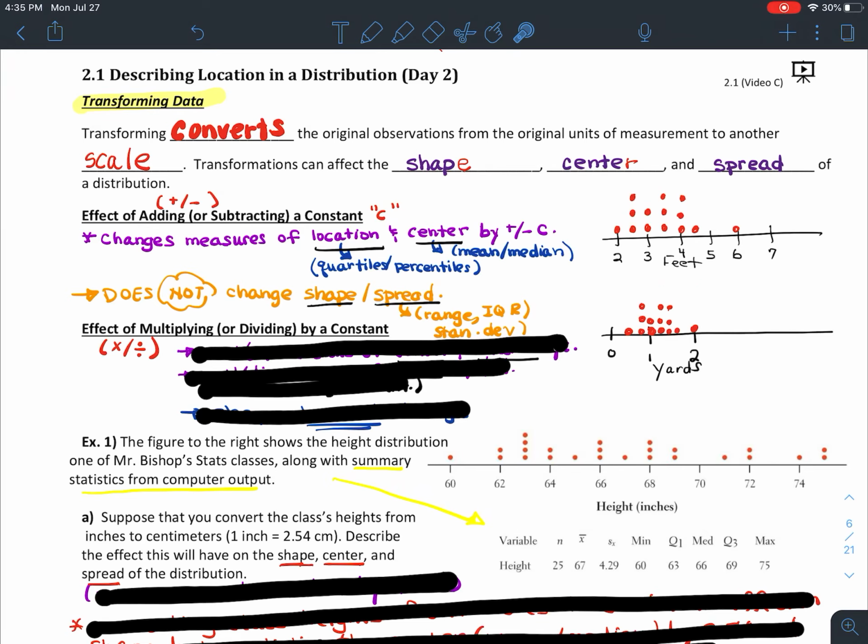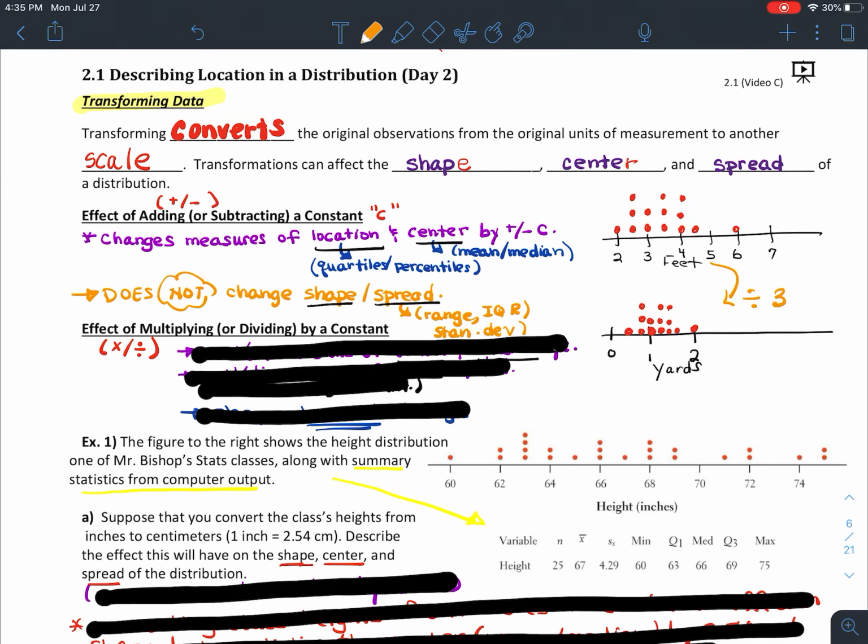Now, I want you to look at this example that I created over here off to the side. I don't think this is actually on your notes page, but let's say that you collected some data. You had these values here were in feet, okay? And we want to convert these into yards. So going from feet into yards, we would, technically, divide by 3.